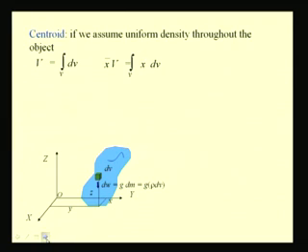In the same way, the other coordinates, that is y bar and z bar, are defined. So, these coordinates x bar, y bar and z bar are the centroids of this volume.